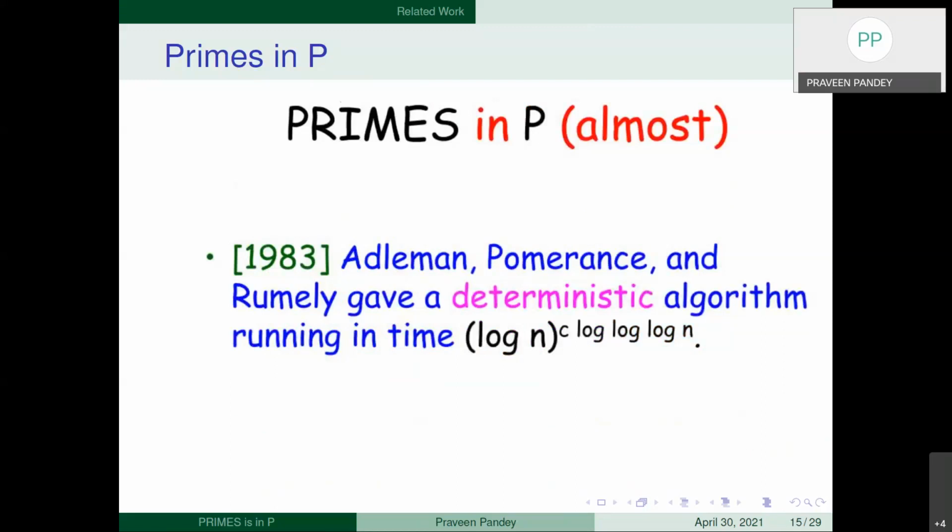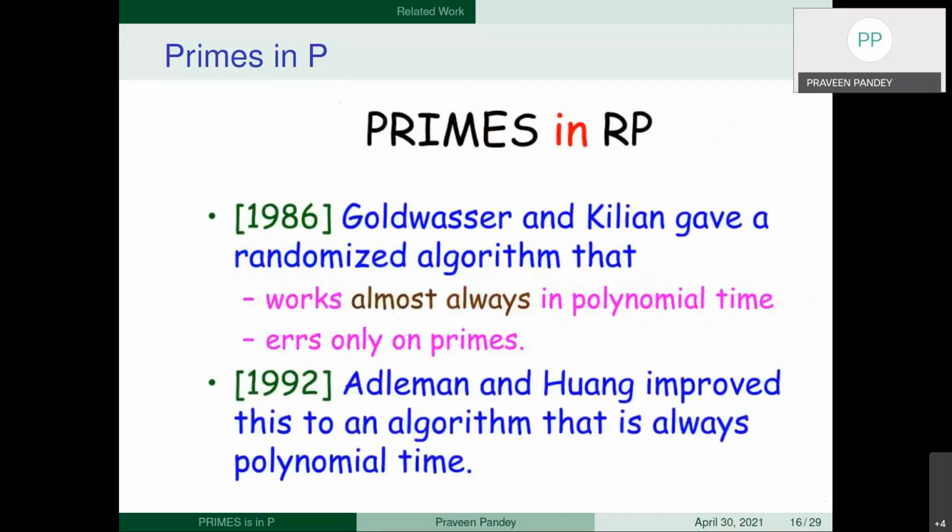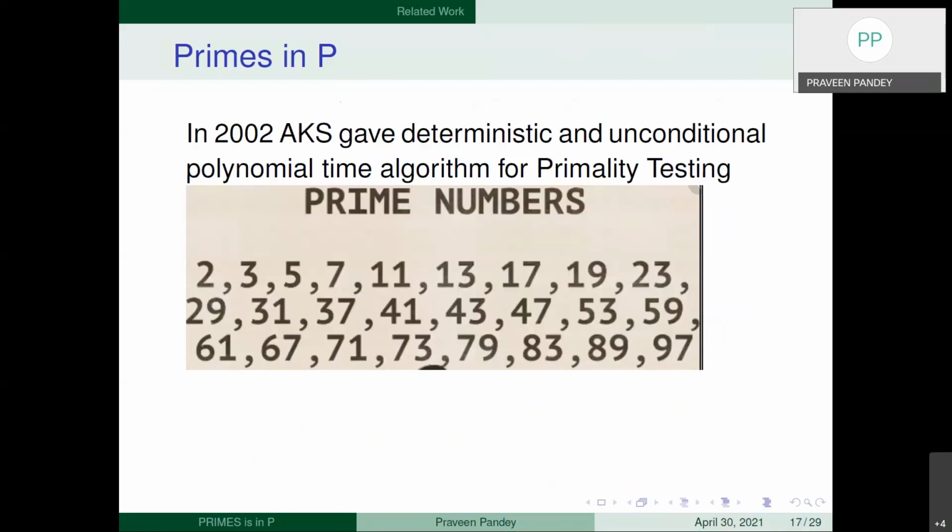Then, after Adleman, there were Goldwasser and Kilian, who gave a randomized algorithm, and then Adleman and Huang improved it. In 2002, AKS, Agrawal, Kayal and Saxena, gave a deterministic and unconditional polynomial time algorithm for primality testing, and the main research paper is the one this is based on.